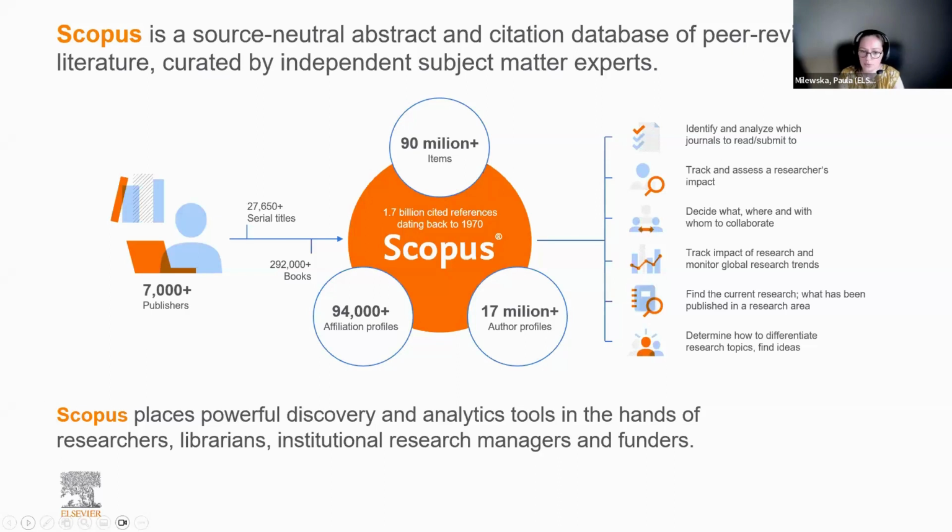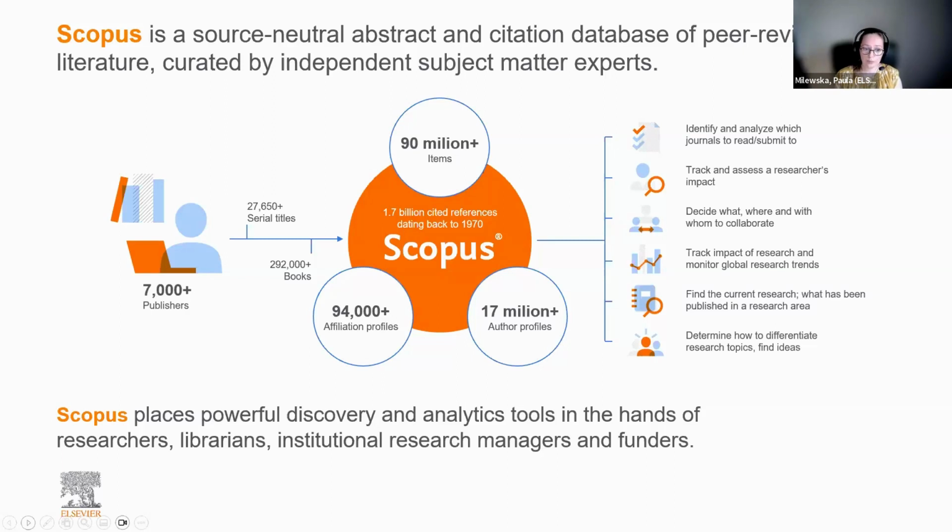Okay, so Scopus wants to show you information about all relevant, good quality sources coming from different countries, not only Elsevier, of course, but from more than 7,000 different publishers. And what you can find in Scopus will be bibliographic information, abstracts, and also metrics, because this is also a bibliometric database. So this is a little bit different story than ScienceDirect.